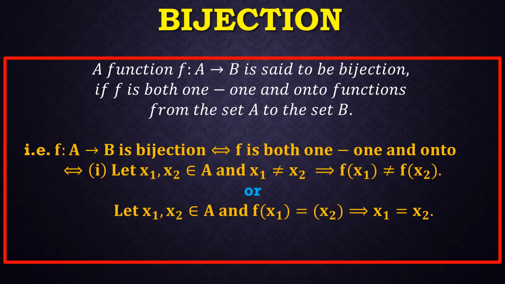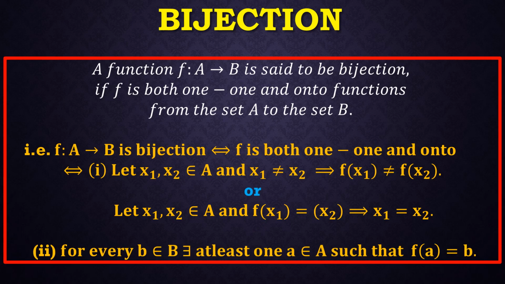Similarly, the second condition is, for every b belongs to B, there exists at least one a belongs to A such that f of a equals b. That means in the codomain set each element contains at least one preimage in the domain set such that f of a equals b.